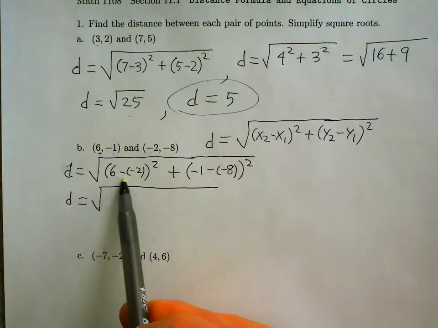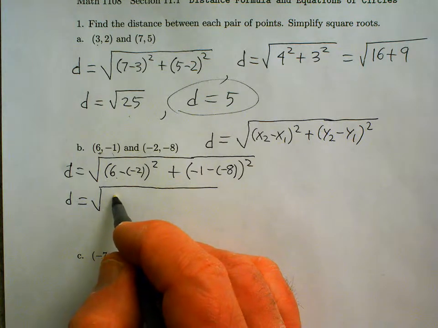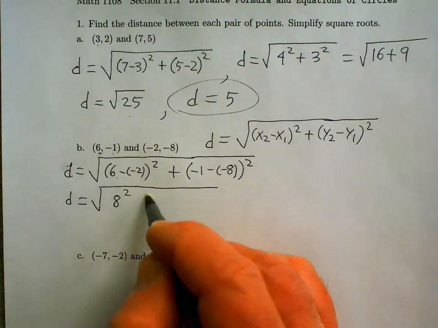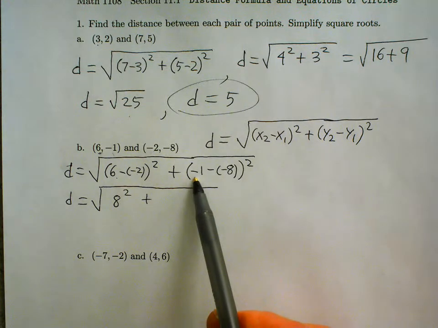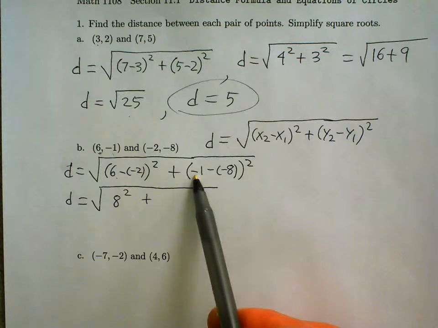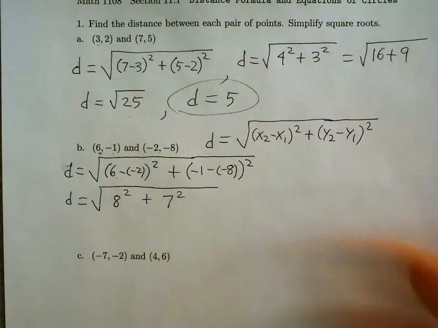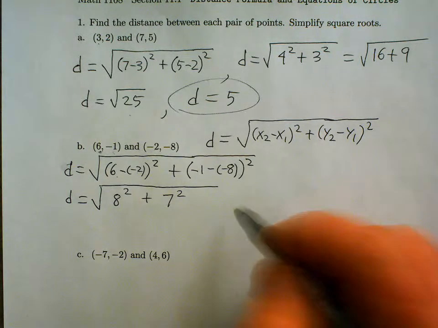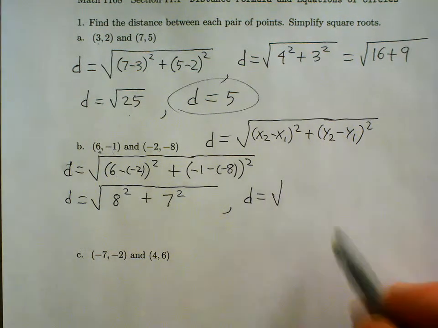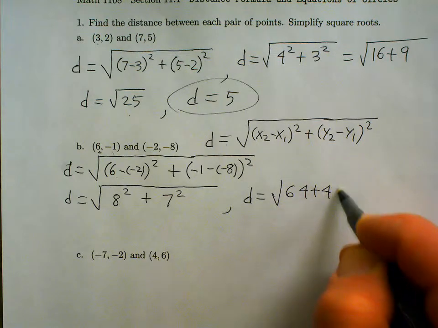6 minus -2 is the same as 6 plus 2, or 8. So we have 8 squared. -1 minus -8 is the same as -1 plus 8, which is 7. So we get 7 squared. And then the square root of 64 plus 49.